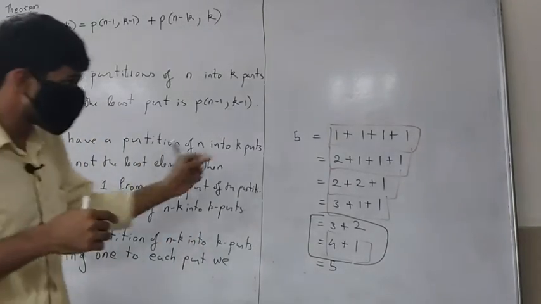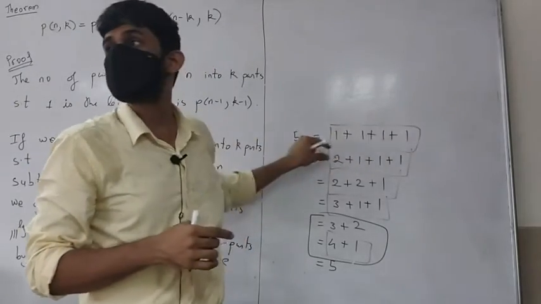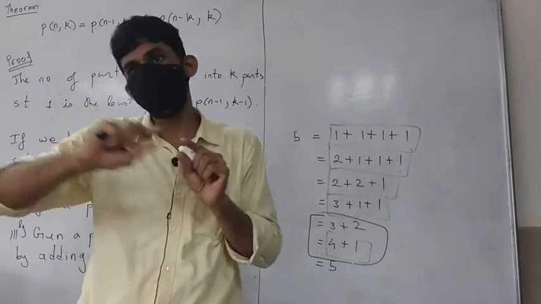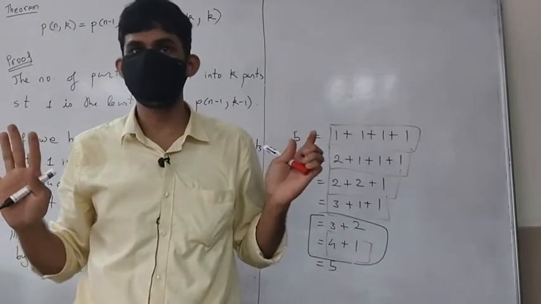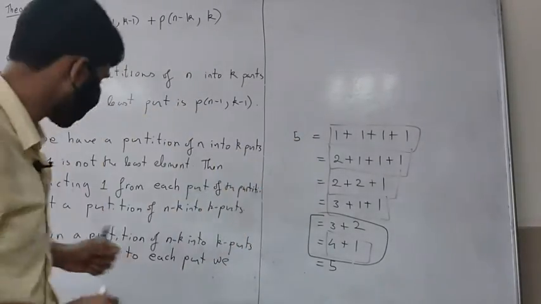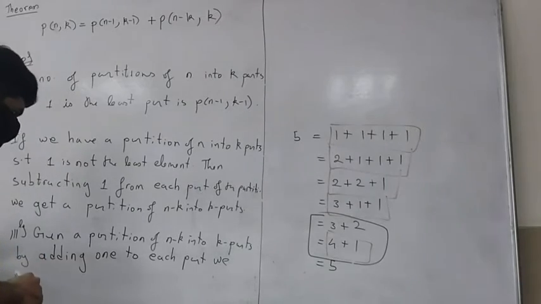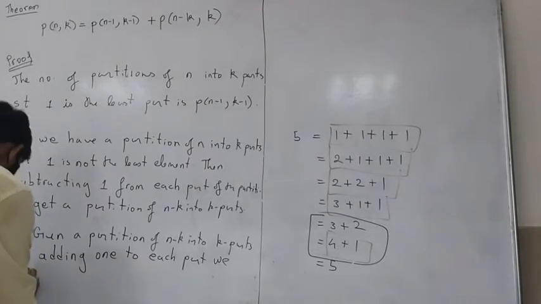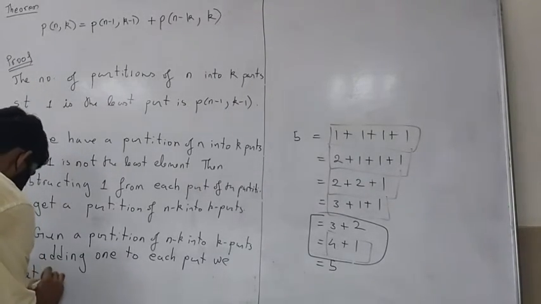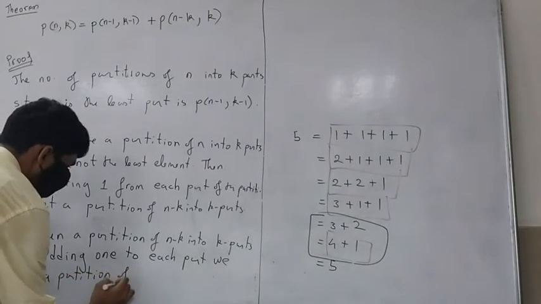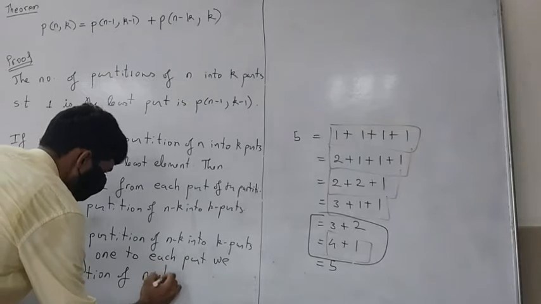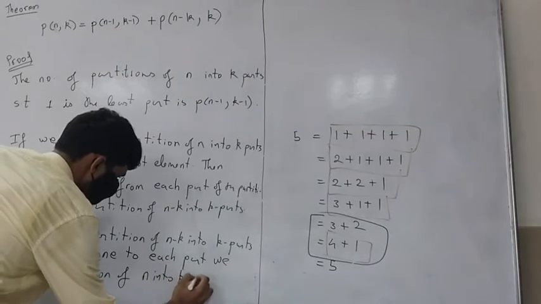Because it's also going to preserve the increasing order: you take an increasing function, add 1 to each of it, it's still going to be increasing. So it's going to give you back a partition. That's quite clear. By adding 1 to each part, we get a partition of n into k parts.